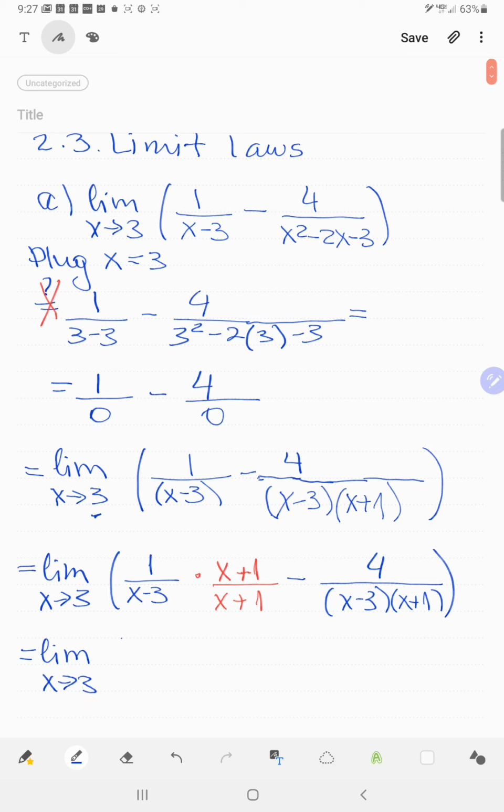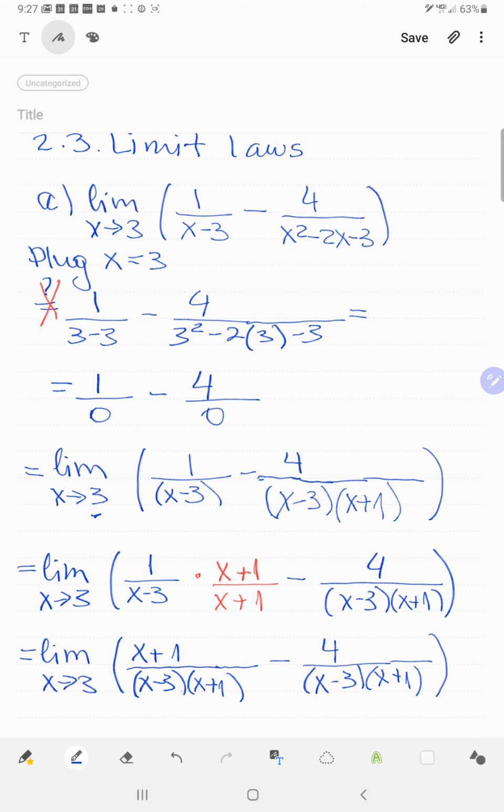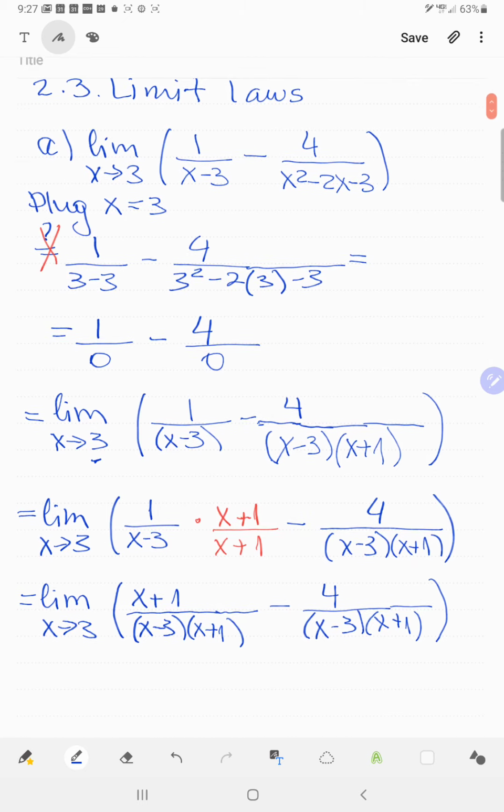So now for the first one, we have in the numerator x plus 1, and the denominator is x minus 3 times x plus 1. And I'm just copying this part. Now we can subtract those two because we have the same denominator.